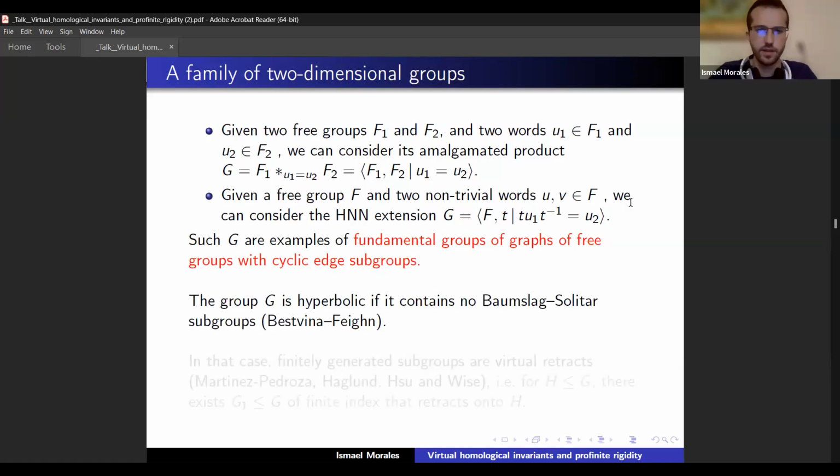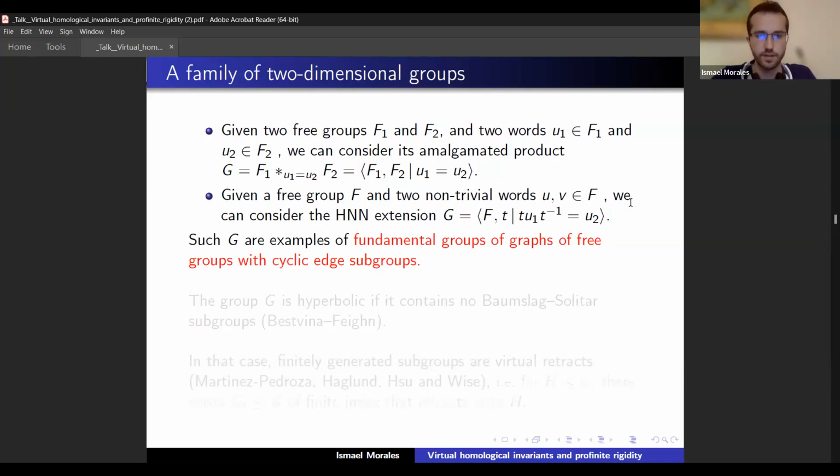Now, we don't know everything about these groups, but we know a lot, apparently. For example, such groups G are hyperbolic if and only if they contain no Baumslag-Solitar subgroups. This is the combination theorem of Bestvina and Feighn.